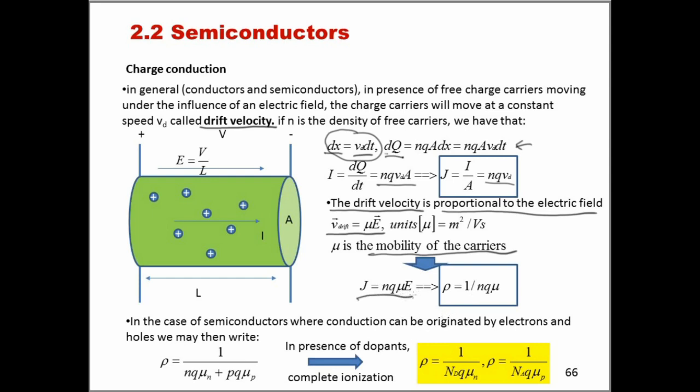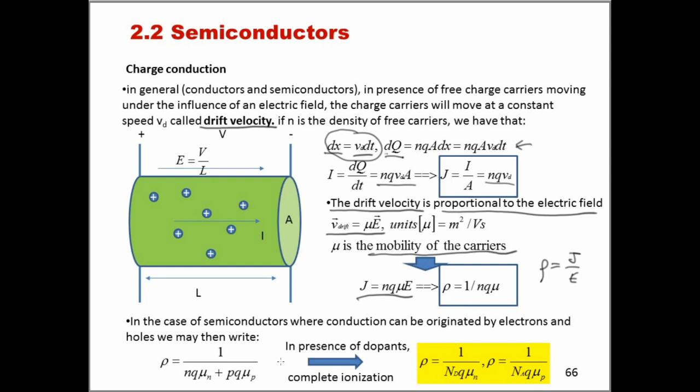And so, reminding that the resistivity is E over J, we can obtain that the resistivity of a material is generally given by 1 over n q μ. This is for a material where charge conduction is dominated by electrons.